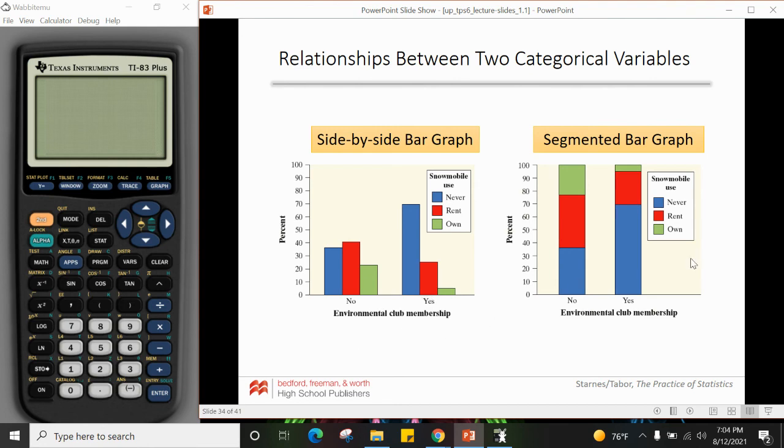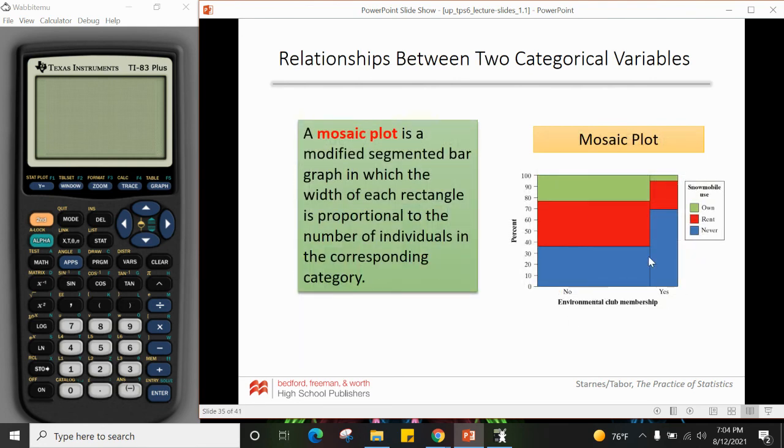Same thing with this side by side. The mosaic plot allows you to show that. This one is so much wider, so it means that there are a lot more people that said no versus yes. That's the cool thing about this mosaic plot: it tells you the percentages of both variables, at least roughly for the no and the yes.